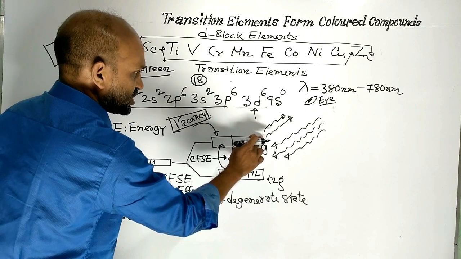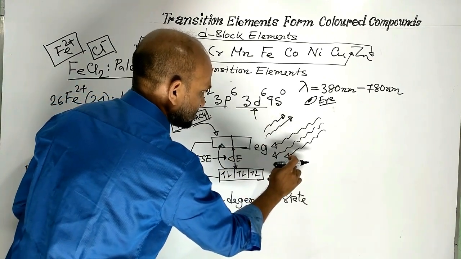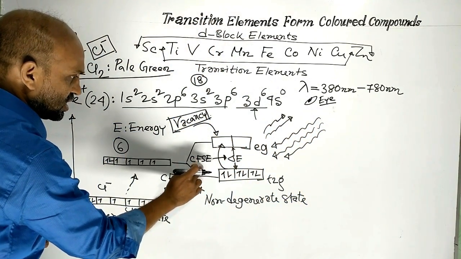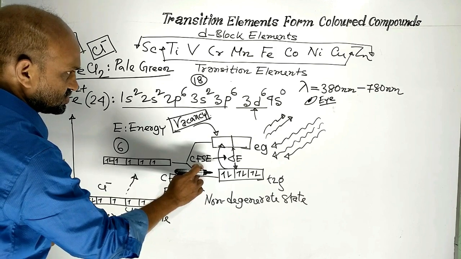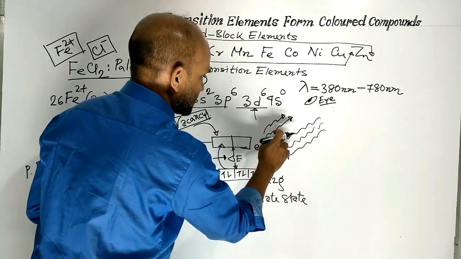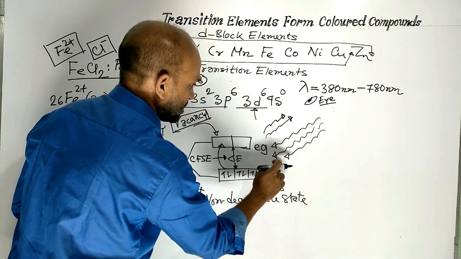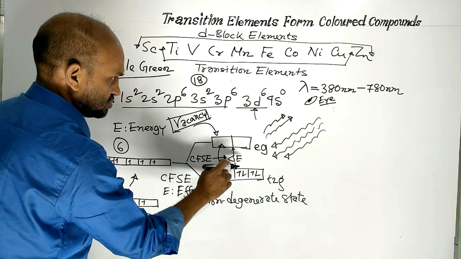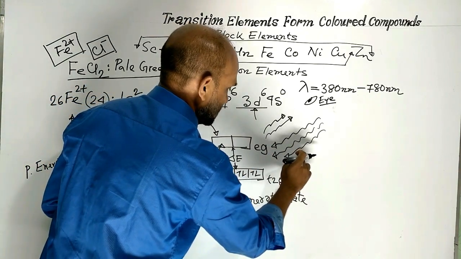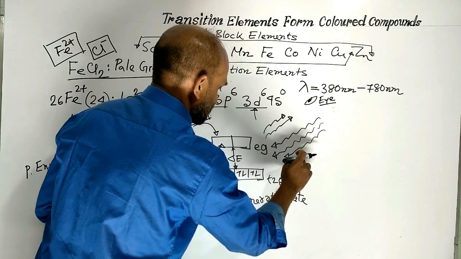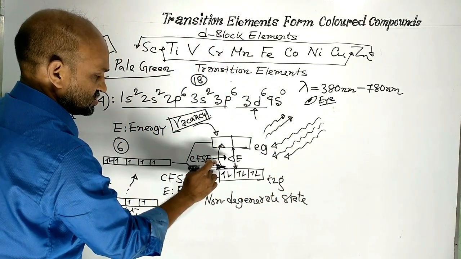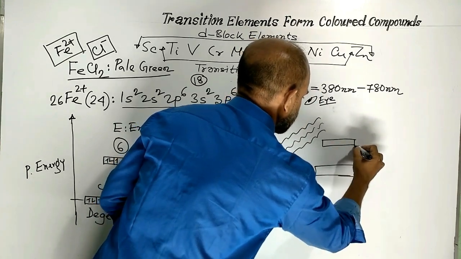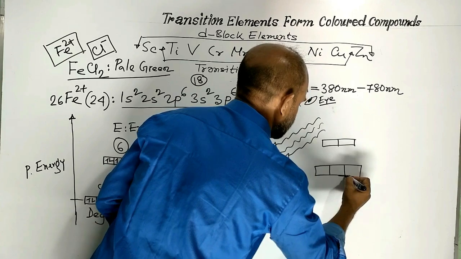When the remaining radiations from the visible light region go back to the eyes, then this ion looks colored due to the partial reflection from the visible light region. When this energy difference matches the energy of the visible light region, then absorption occurs and electrons shift to the higher energy level in this way.